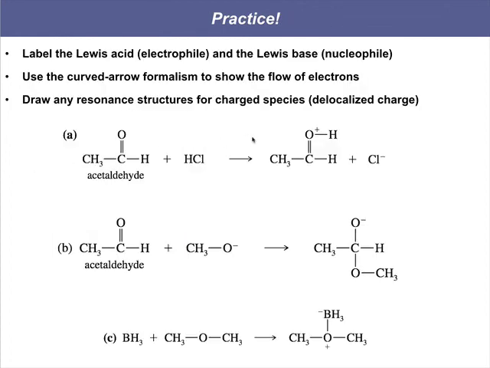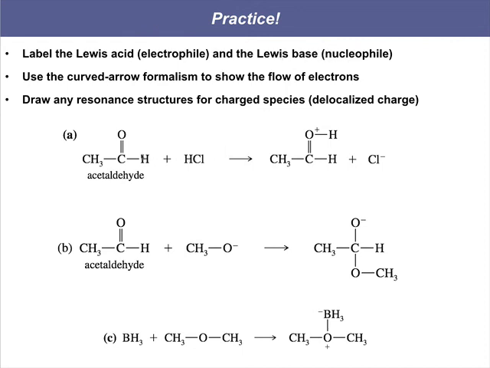I have this slide here to practice some aspects of Lewis acid, Lewis base chemistry. What I want you to do is to analyze each of these 3 reactions and figure out which one is the Lewis acid, the electrophile, and which one is the Lewis base, the nucleophile.